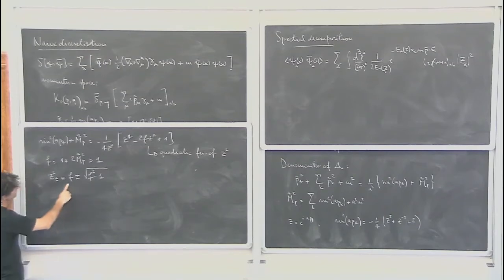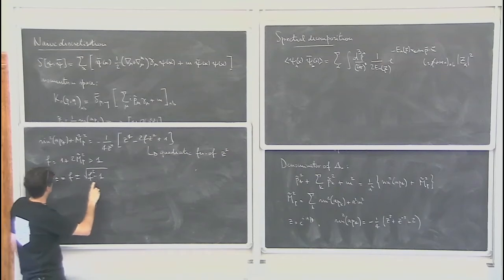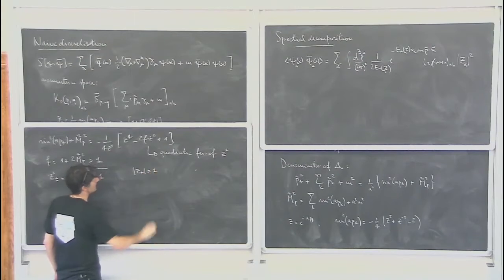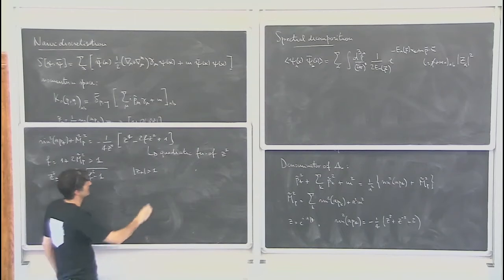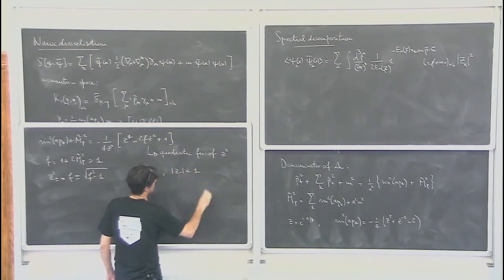And so you see immediately that the modulus of z plus is greater than 1, and the modulus of z minus is smaller than 1.